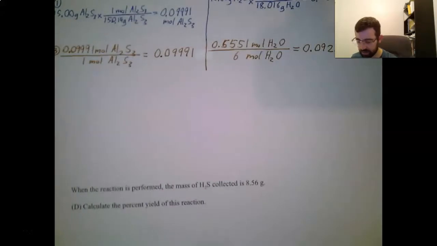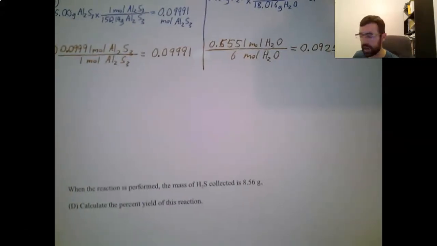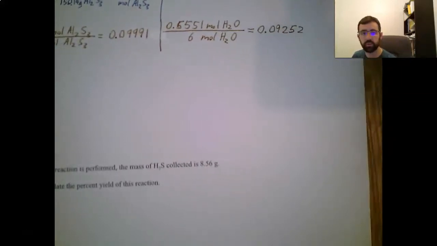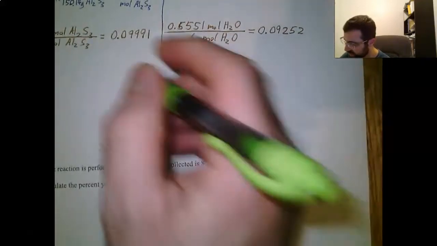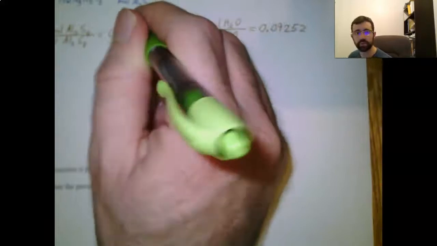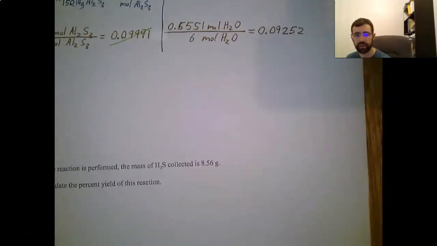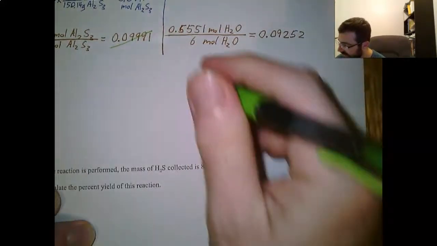All right. Now we got to decide which one is the limiting reactant and which one is the excess reactant. So look at the numbers. Which one is smaller? This is the smaller number, so that means this one's not actually possible. You may as well cross that number out. Okay. This is the limiting reactant.